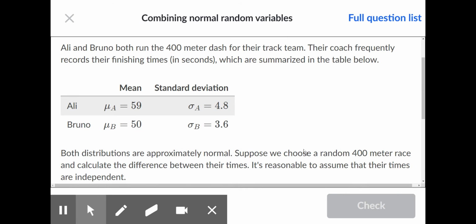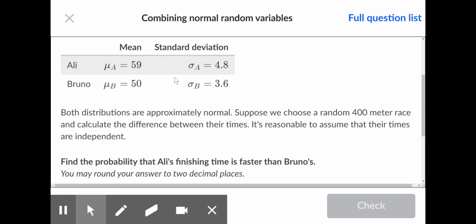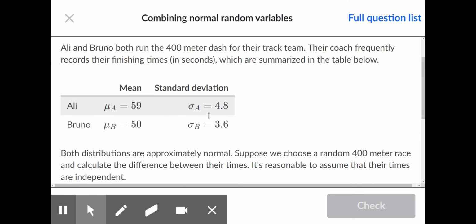Okay, next question. Ali and Bruno both run the 400-meter dash for their track team. Their coach frequently records their finishing times in seconds, which are summarized in the table below. Both are random variables. Ali is a random variable A, with mean 59 and standard deviation 4.8.